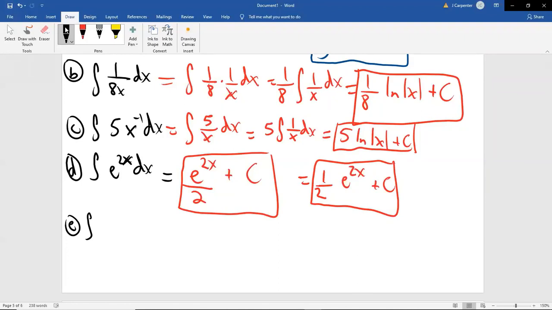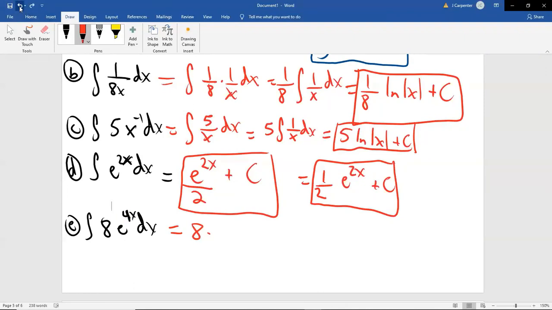E, the integral of 8 e to the 4x dx. That's a 4. So the 8 doesn't do anything. Just leave it out front. Because the exponent has that 4 there, we're going to have to divide by that same value.